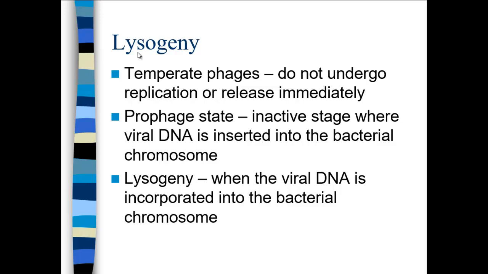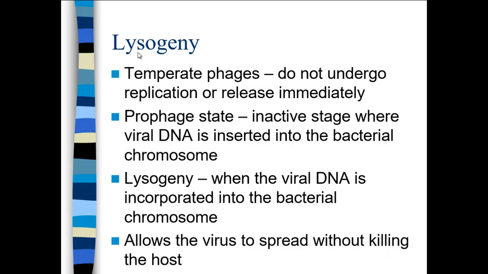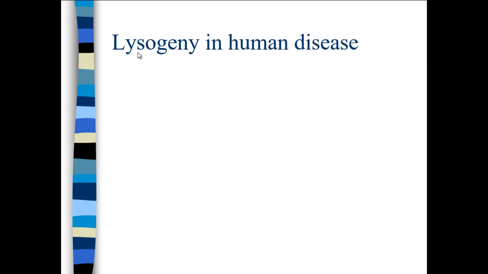And when this happens, we call this lysogeny. So lysogeny is just when the bacterial DNA incorporates the viral DNA, and then with that, the bacterial DNA gets some new trait. Okay. And this allows the virus to spread. The virus just spreads along with the bacteria, and it doesn't kill the bacterial host.